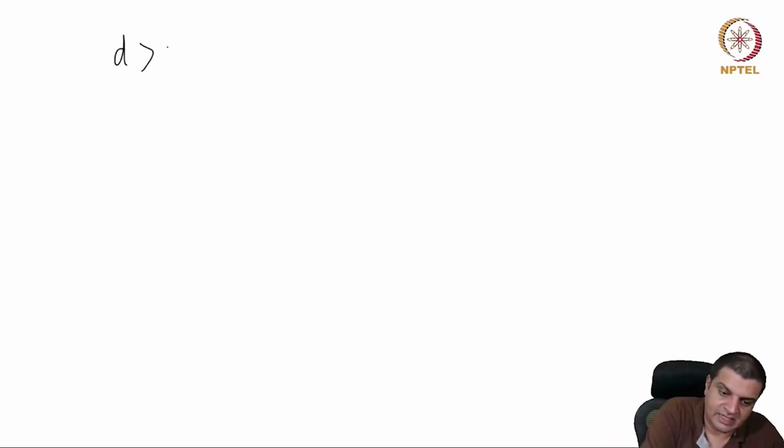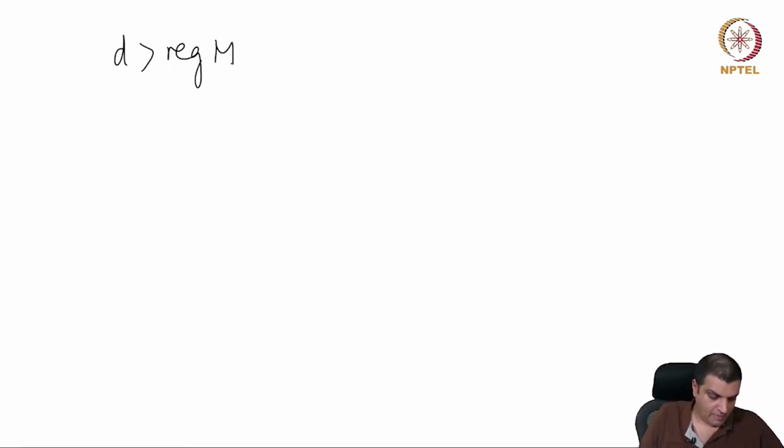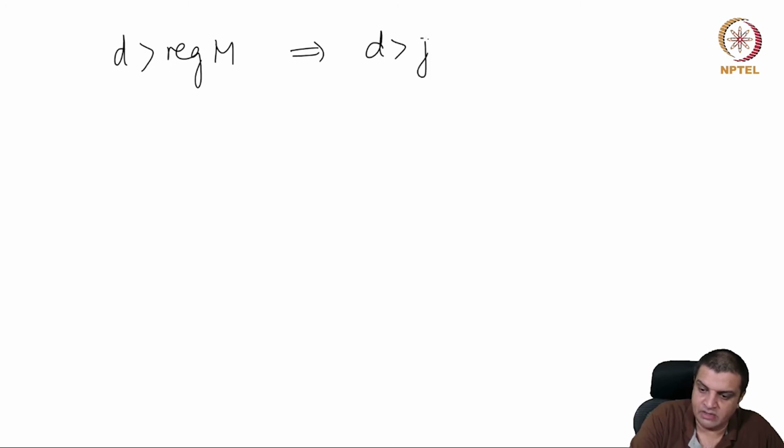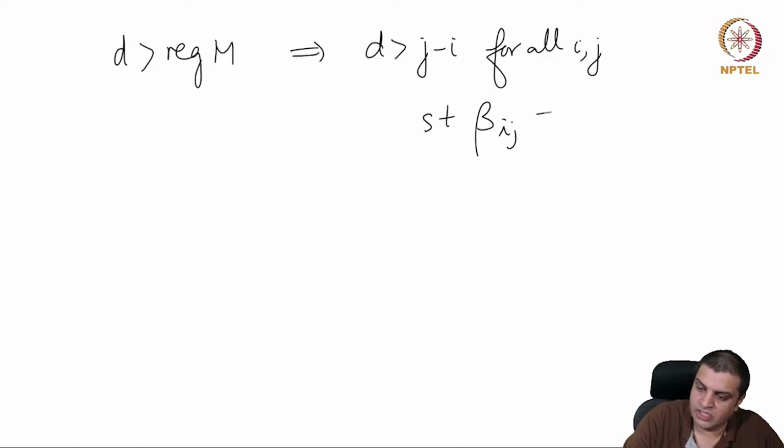Okay. So now our assumption is that D is greater than the regularity of M, which implies that D is greater than J minus I for all Ij such that beta Ij is not 0.